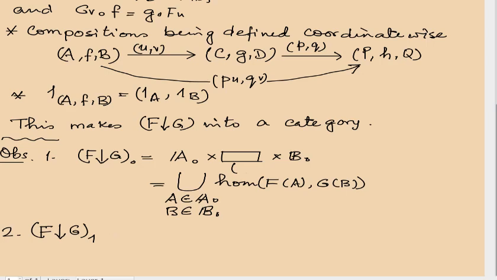So it is actually, let's see, a subset, yes, it's a subset of the image of F and the image of G, such that u is a morphism of this and v is a morphism of this.